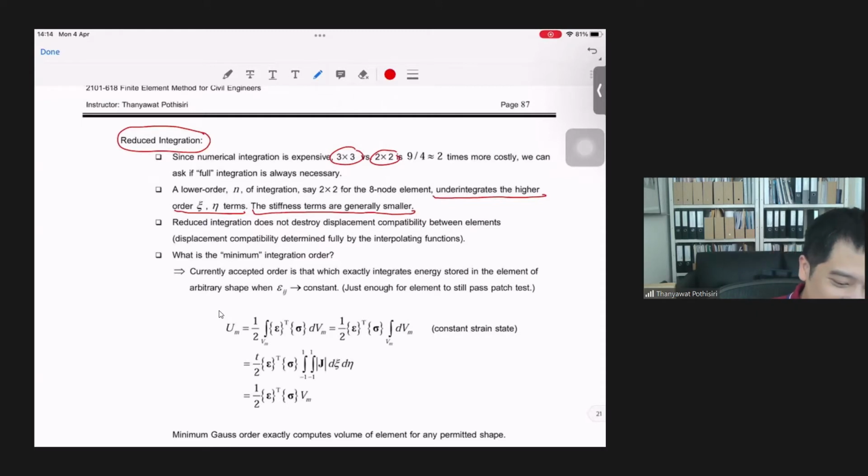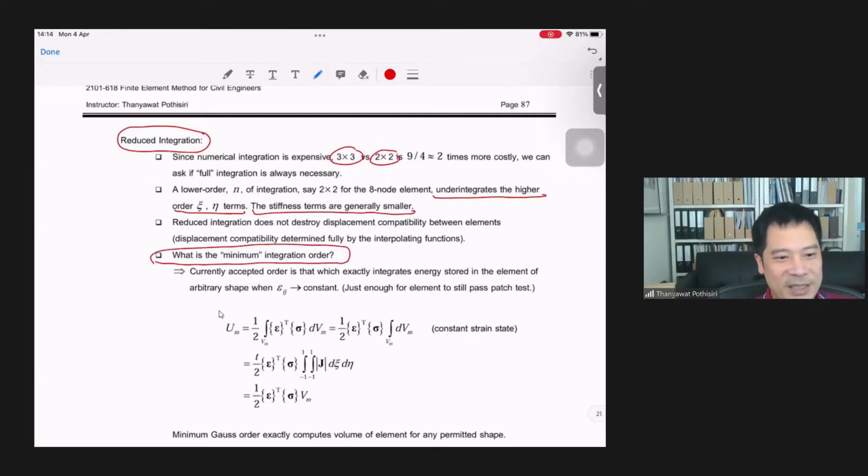It leads us to this question: what is the minimum integration order we can use? Okay, so the order of integration is still limited by this right here.